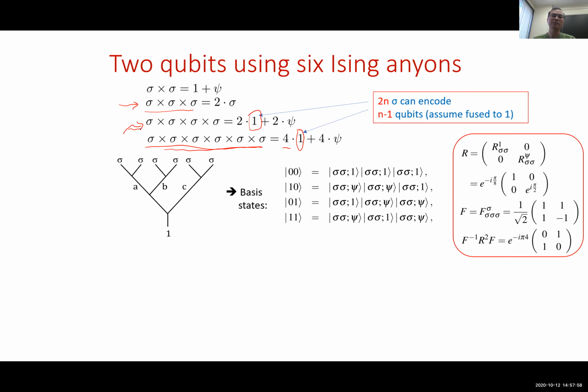Okay. But the way that we choose the encoding is as follows. This is one example. You have 6 sigma anyons, and you want to choose the logical 00 as one that fuses to identity for all 3 pairs. So there are 3 pairs.